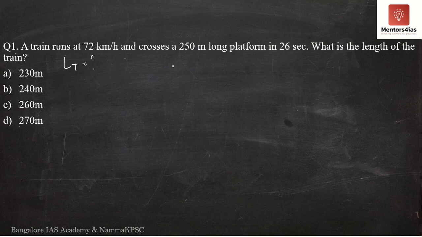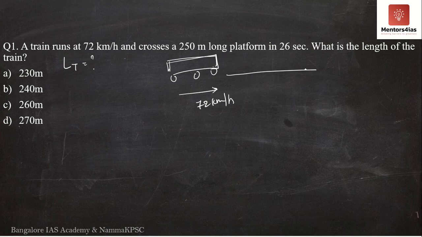The question further tells us that there's a train which runs at 72 kilometers per hour, and this particular train crosses a bridge of 250 meters length in 26 seconds. So what is the length of the train?